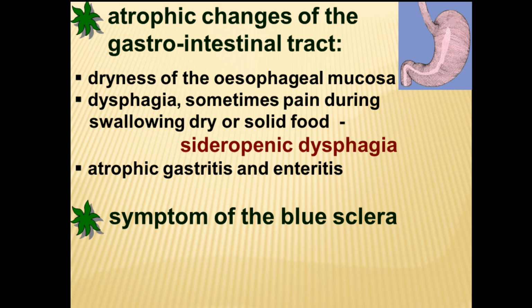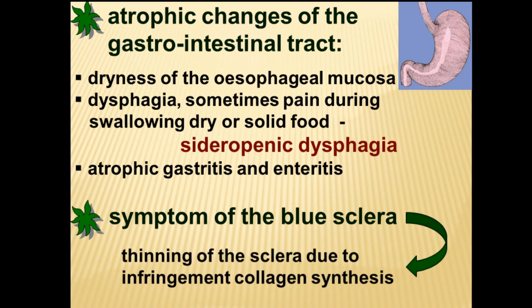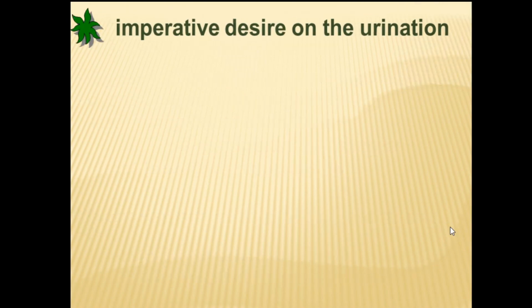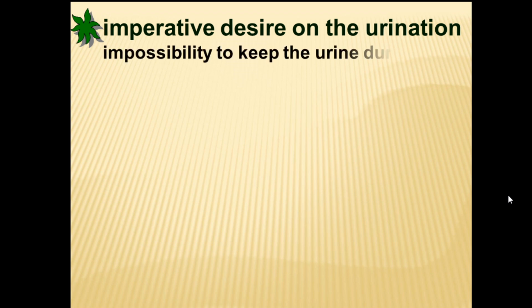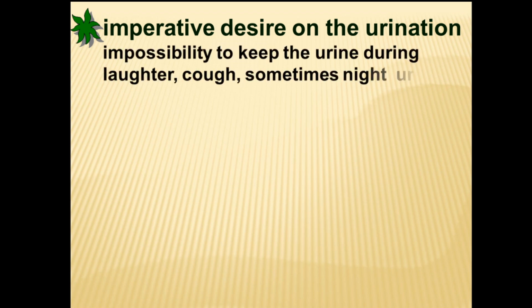Sometimes may be revealed the symptom of blue sclera due to thinning of the sclera because of decreased collagen synthesis, and we will see subscleral vessels. In heavy long-standing anemia, patient can feel problems with urination, imperative desire of urination.